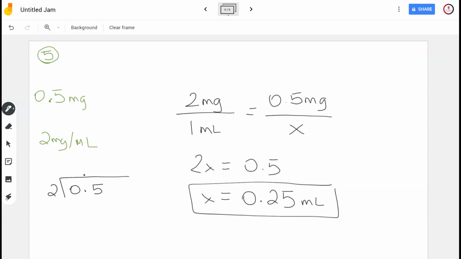We're going to bring this decimal up. 2 goes into 0, 0. 2 goes into 5 2 times. We're going to add a 0. 2 goes into 10 5 times. That's your math there. Remember, when you're dividing decimals, you don't have to move it over or anything. You just bring it straight up and act like it wasn't there in the first place.